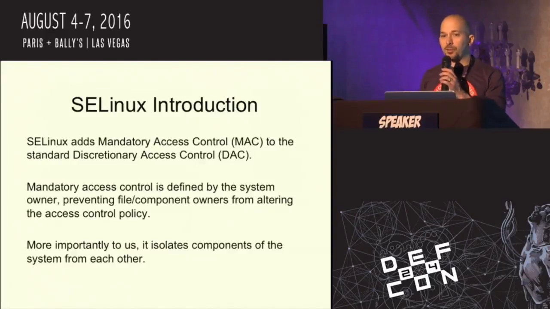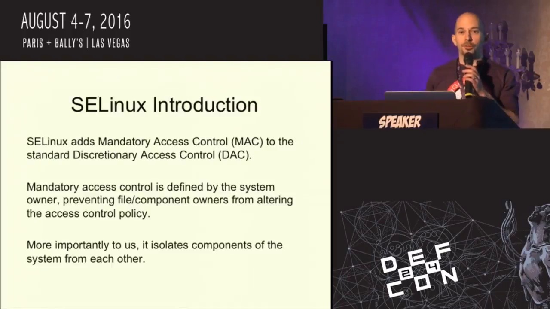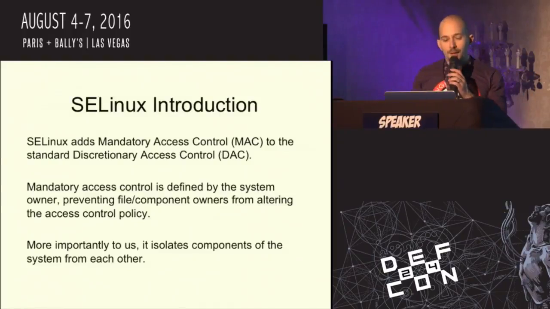Lots of us have had that experience of realizing that we can see and sometimes write to files in the system that don't belong to us, and sometimes that's what got us into hacker conferences. SELinux adds what's called mandatory access control. There are a bunch of things that do this, including AppArmor and Tomoyo and SMACK. SELinux is certainly the one that seems to provide the most comprehensive controls, but it also means it's got the steepest learning curve.